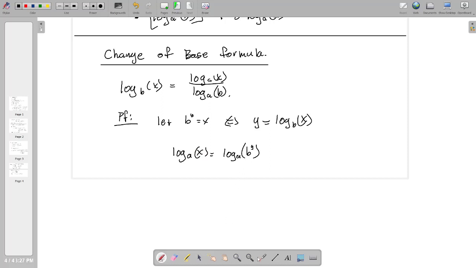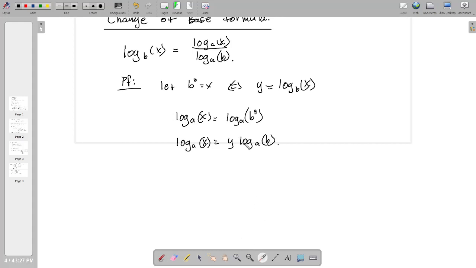Now, as we've noted before, with the third rule of logarithms, we can drop this exponent down. It's on the interior of the input of the logarithm, so we have b to the y as an input, which means this y can come down. So we then get log base a of x is equal to y times log base a of b.